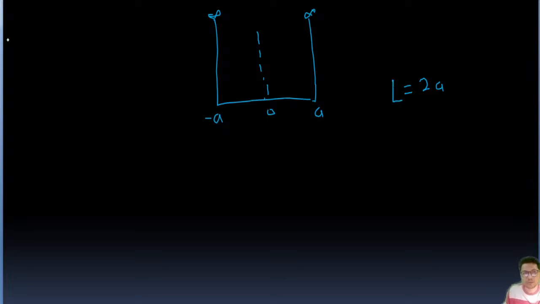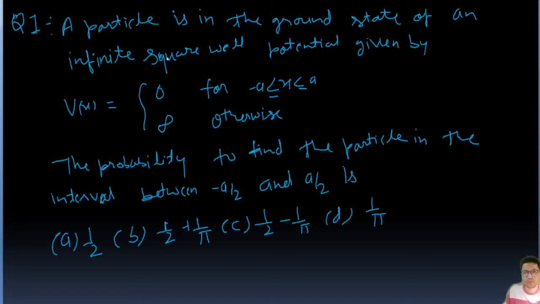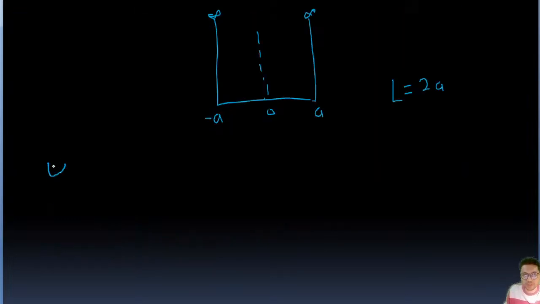So this is in 1D, and this will be x equal to like this. So in that case, we know the normalized wave function psi is going to be root of 2 upon 2a, cos of pi x upon 2a.